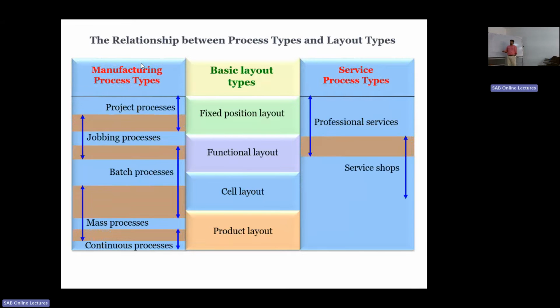Coming to service shops, mostly process-oriented layouts are recommended, and now we see sometimes hybrid layouts are also used. Cell layouts are also. Coming to the last one, mass services. For them, basically product layouts or cell layouts are used. Mass services: standardized services in high volume.